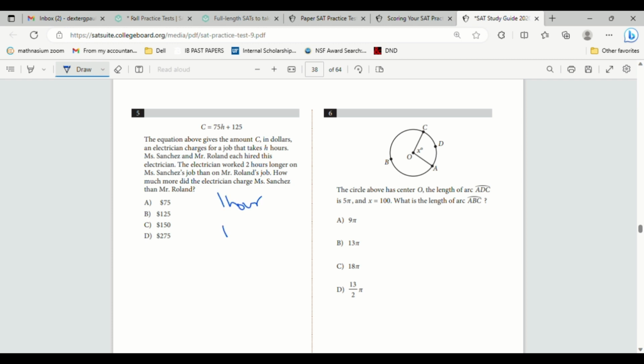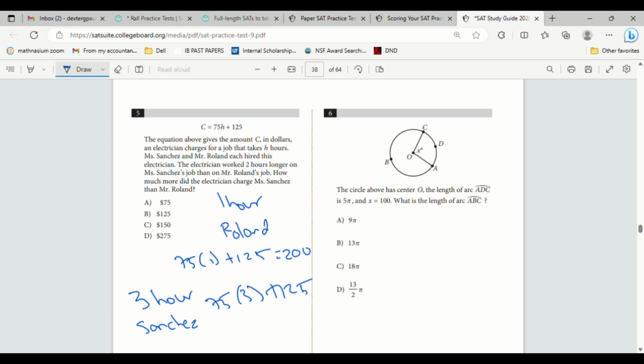for Mr. Rowland. That would be 75 times 1 plus 125, or 75 plus 125 to get 200. And now the electrician worked 2 hours longer on Ms. Sanchez's job. So Ms. Sanchez has 3 hours, for example, which is 75 times 3 plus 125.